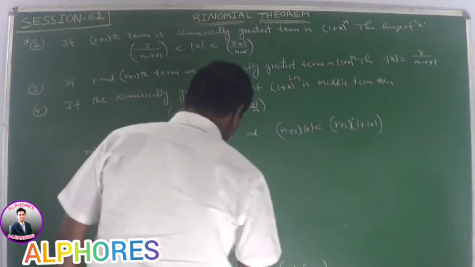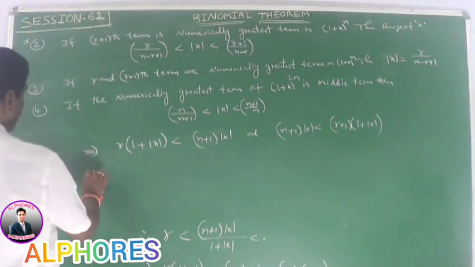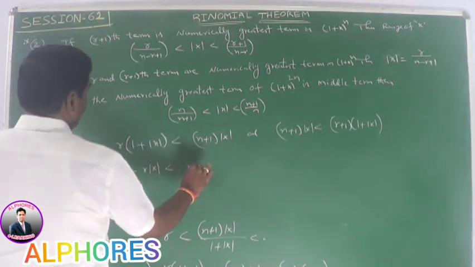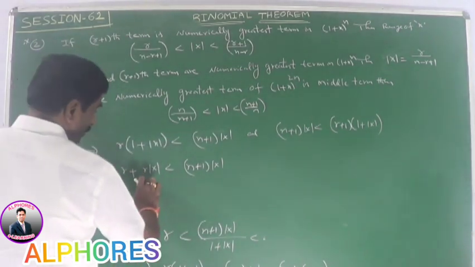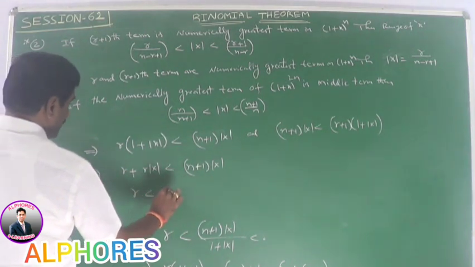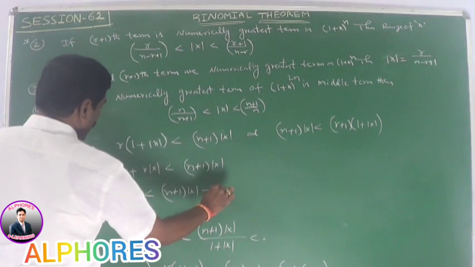In this case, we find the range of x, so we separate the value of x from these values. That means r plus r into mod x is less than n plus 1 into mod x. Take this r into mod x to the RHS side. Then r is less than n plus 1 into mod x minus r mod x.